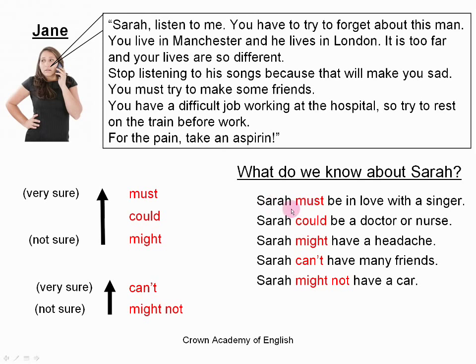Here, Sarah must be in love. We are certain. We know she is in love with the singer, so we say must be. But here we are not sure at all if she has a headache, so we say might.